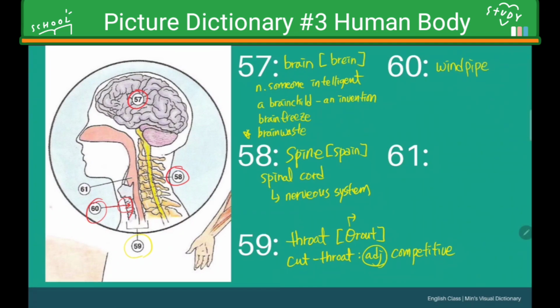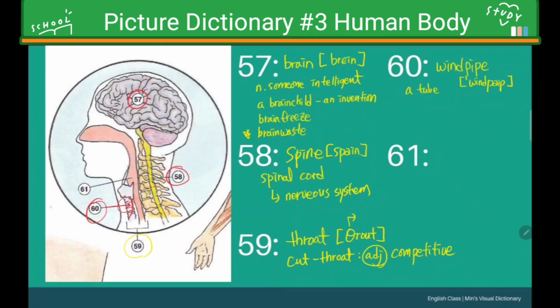Okay, so basically this one is a tube where air passes through. Okay, and the pronunciation is like that. So the stress is on the first syllable, and the next is just pipe. So it's windpipe, windpipe.